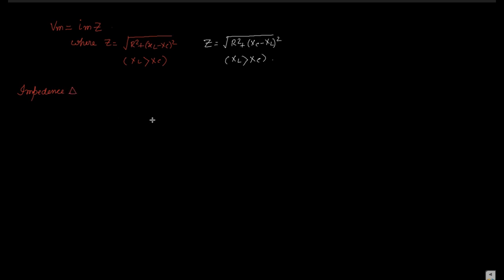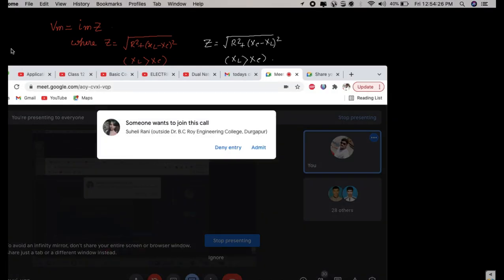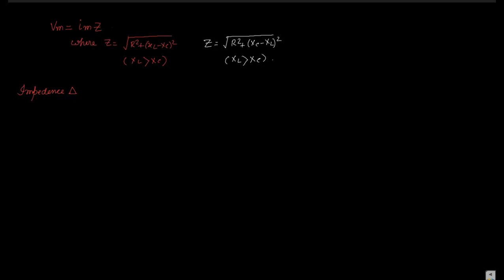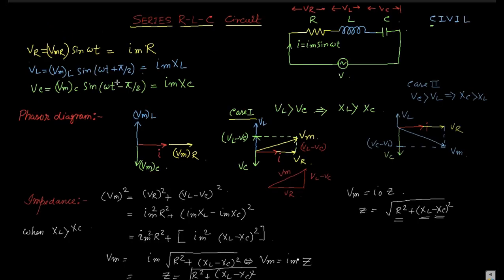what is the impedance triangle? In the previous case, you see that this is your VR, this is your VL minus VC, and this is your VM. If VL and XL are proportional to each other, if XL is increased, then VL will increase. If XC is increased, then VC will increase.